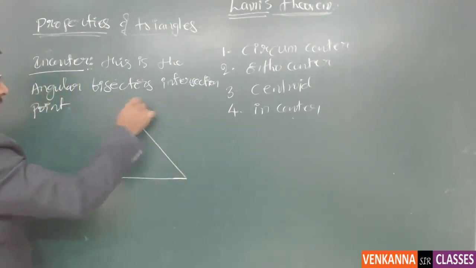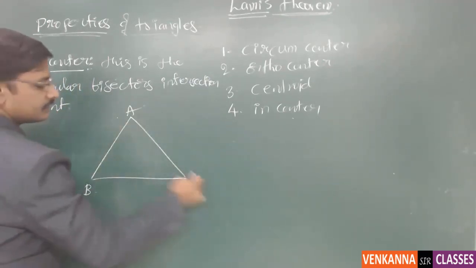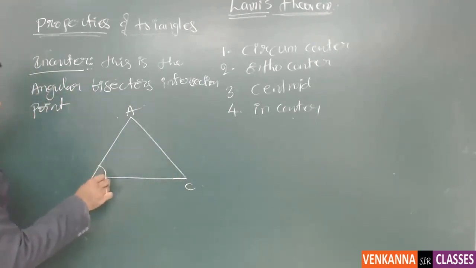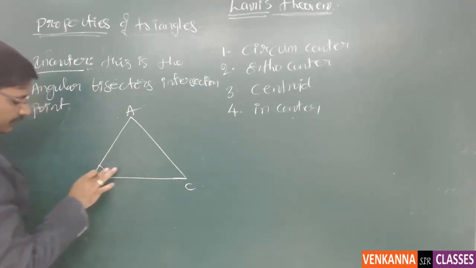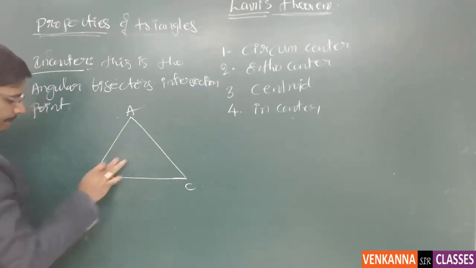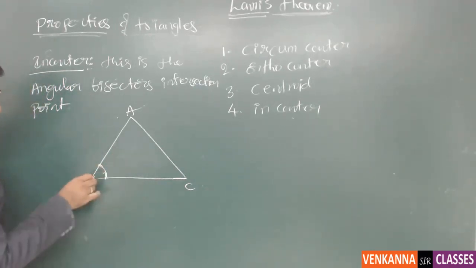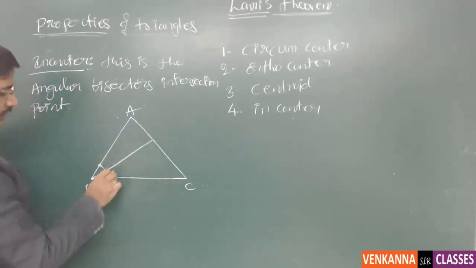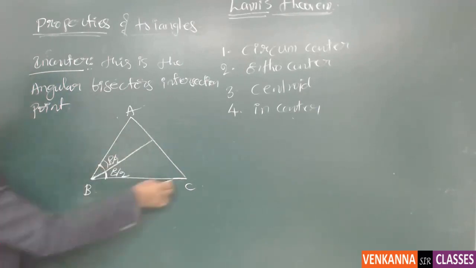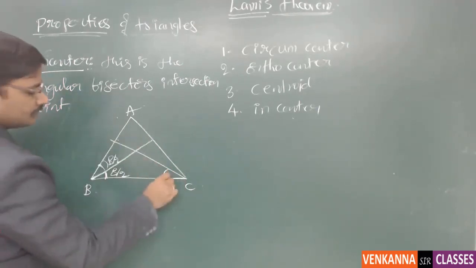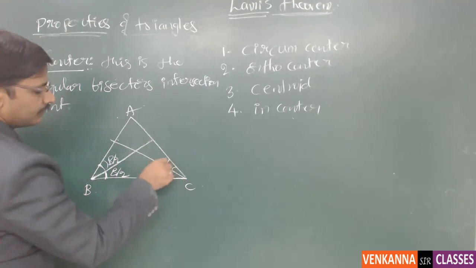So this is A and this is B and this is C. Now for this angle, draw a line which is exactly the middle of this particular angle. So this is B by 2 and this is angle B by 2. And similarly here also, this is C by 2 and this is C by 2.